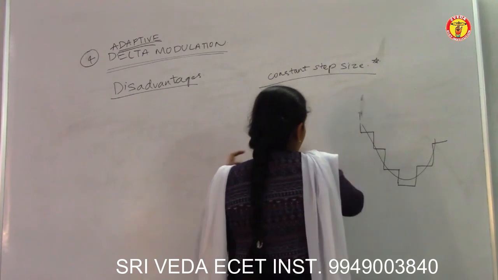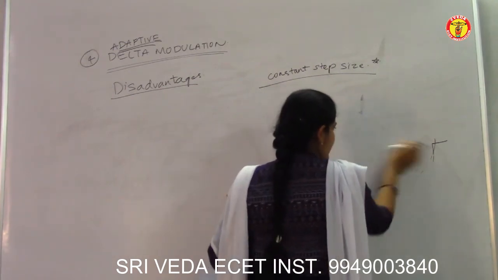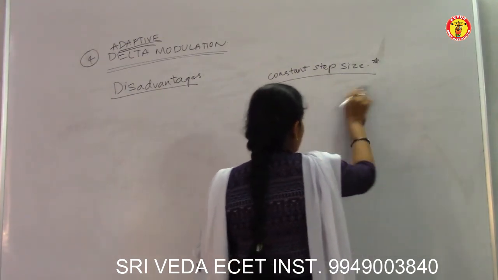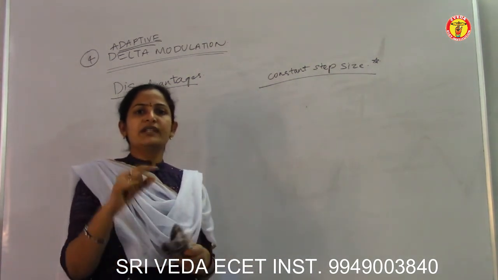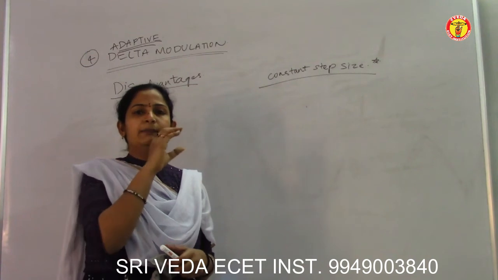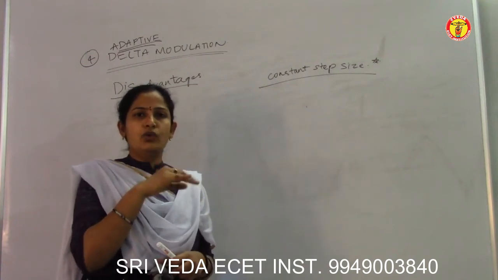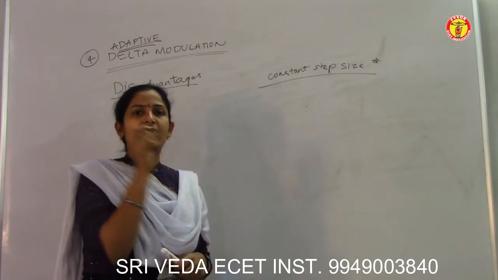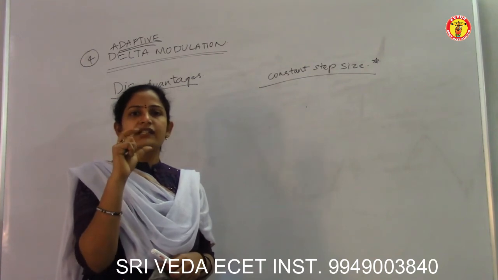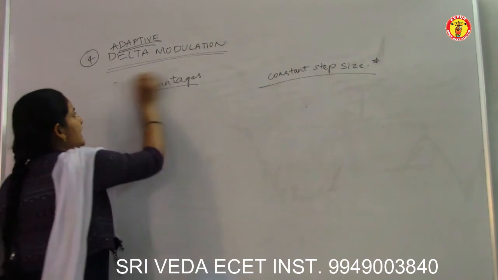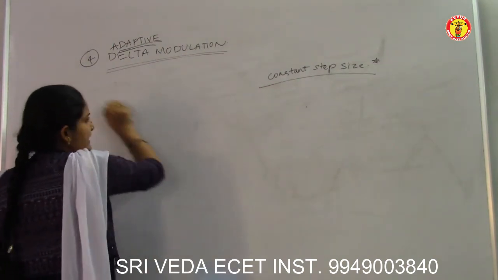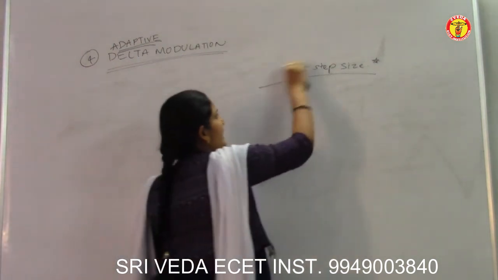But in adaptive delta modulation, the system is created in such a way that it follows the message signal. If the present sample value amplitude is more than the previous one, then the step size is increased further. So in adaptive delta modulation, the step size is not constant; it is variable.